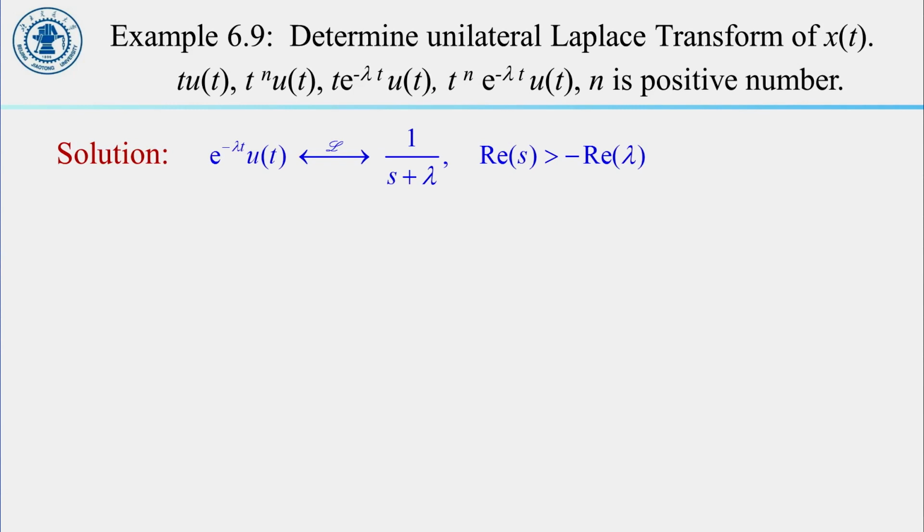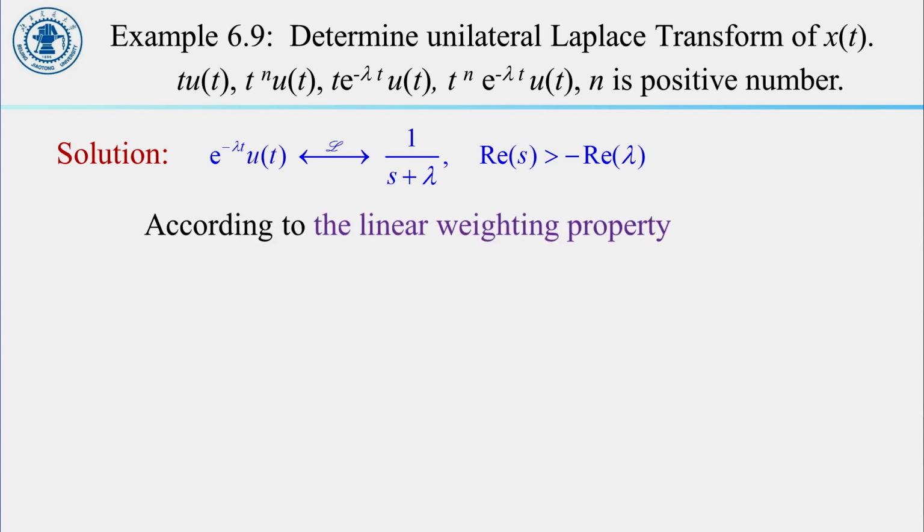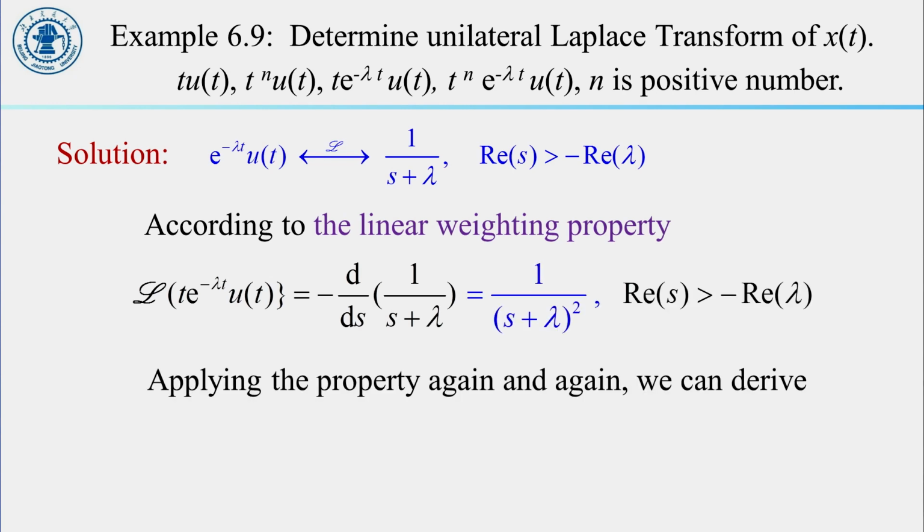For the exponential signal, we have known its unilateral Laplace transform. According to the linear weighting property, we can get the Laplace transform for this signal. Applying the property again and again, we can get the Laplace transform for this signal.